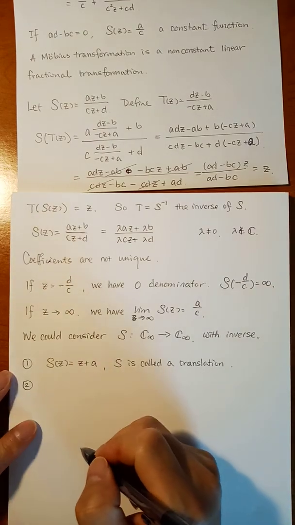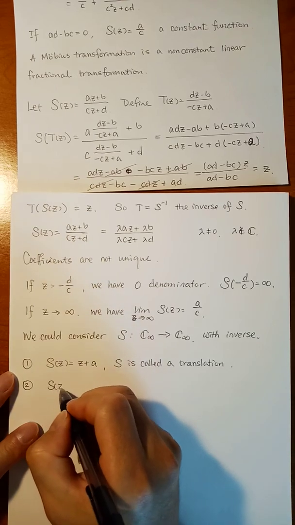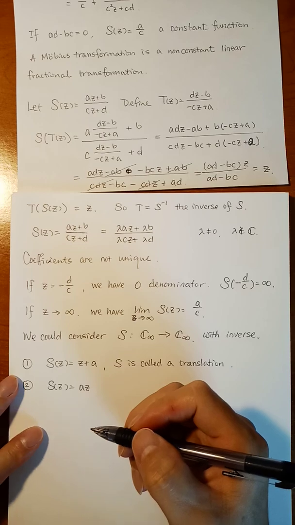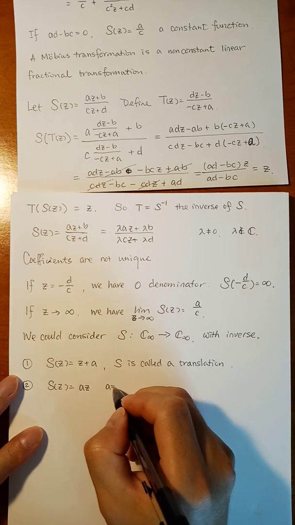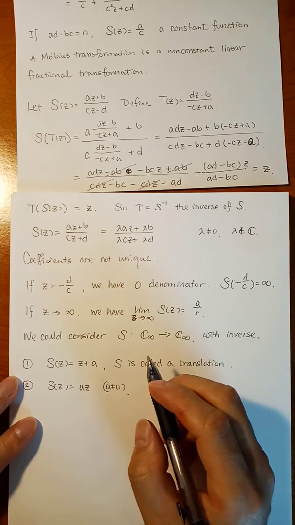Second, if S of Z is equal to AZ with A non-zero, of course, then S is called a dilation.